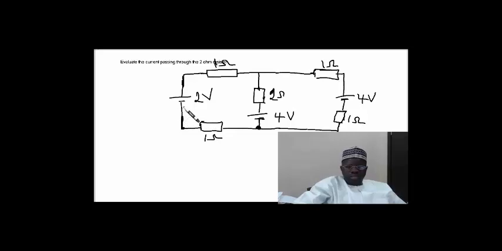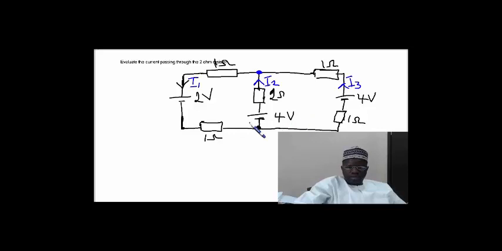Let's assume that we have a current I1 here, I2 here, and I3 flowing in here, and in this case we want to take I1 flowing here. So our essential junction is going to be here. This is our junction where current splits into 2.